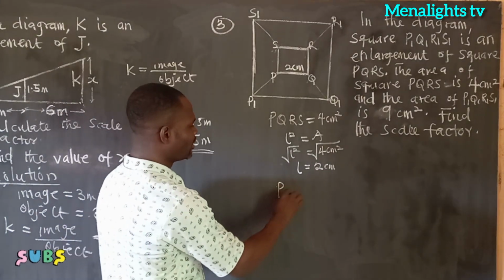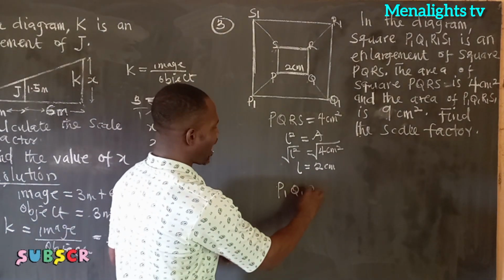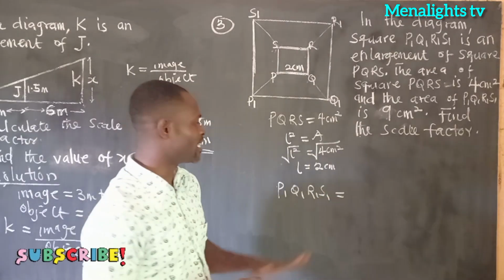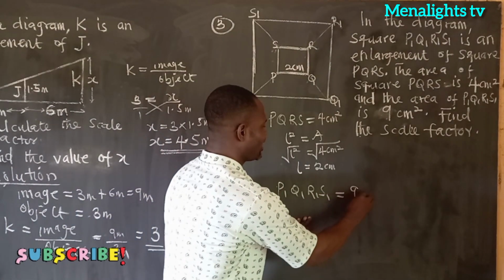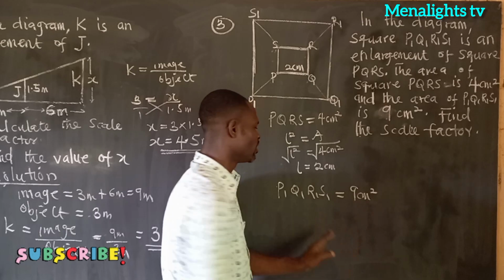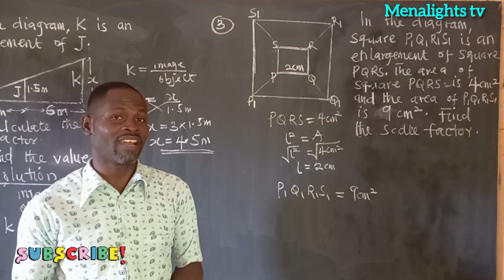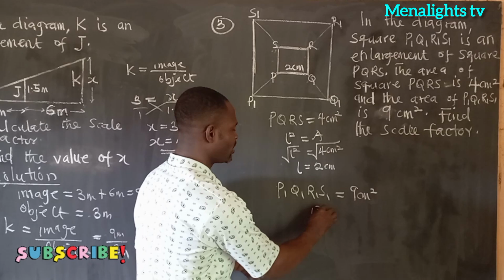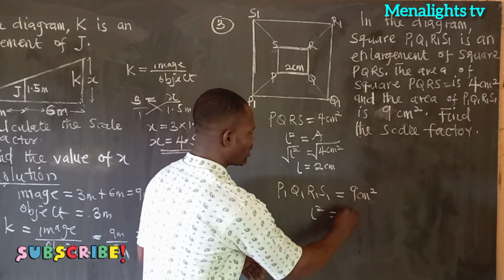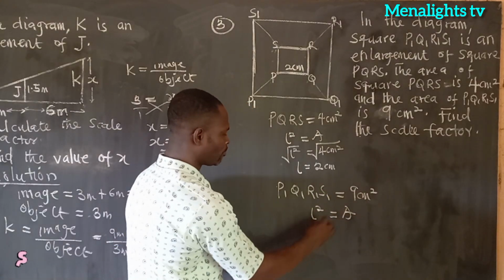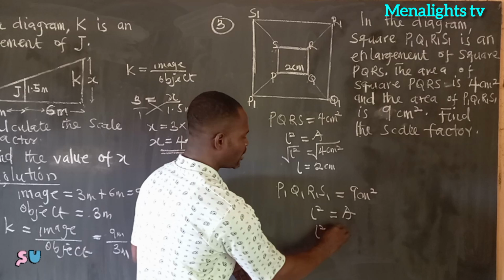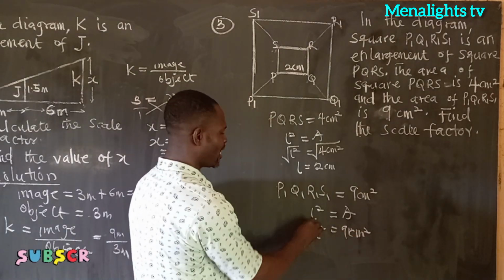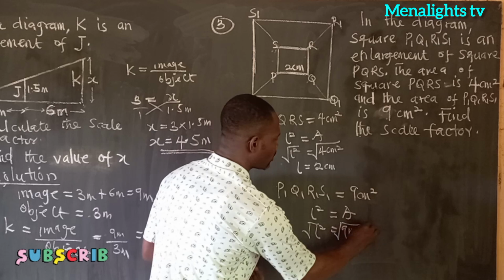Now let's go to the bigger one. The P1, Q1, R1, X1 square has an area of 9 centimeters squared. So if 9 centimeters squared is the area, what will be the length? L squared is equal to the area, so L squared is equal to 9 centimeters squared. You find the square root of both sides.